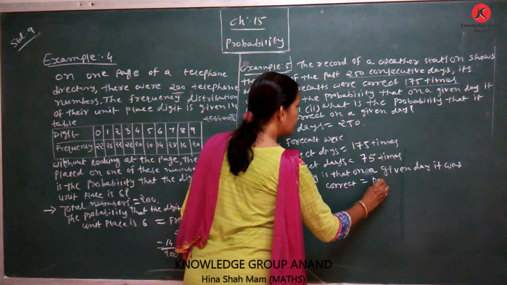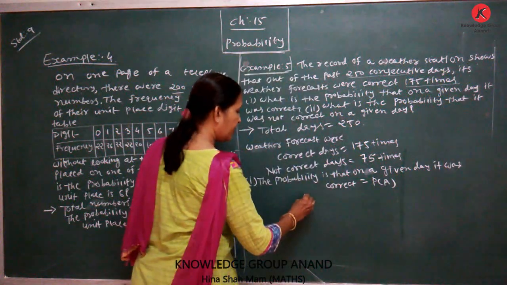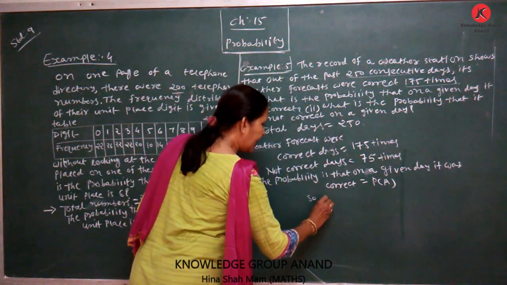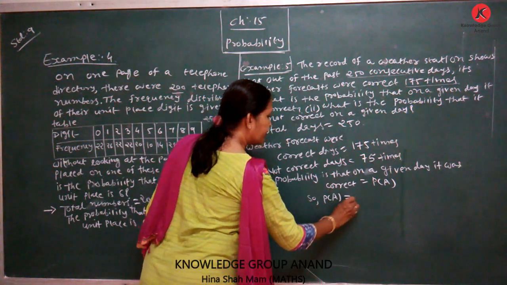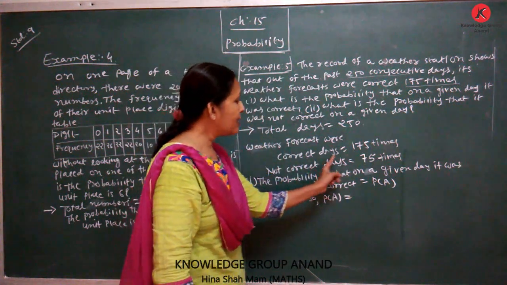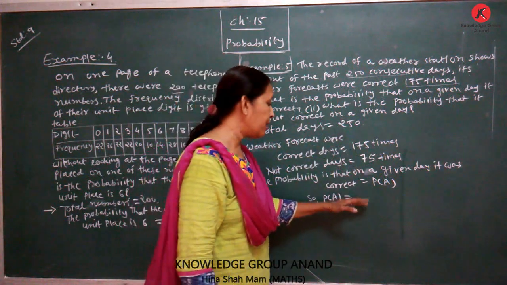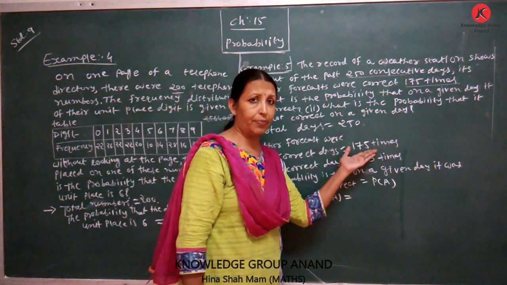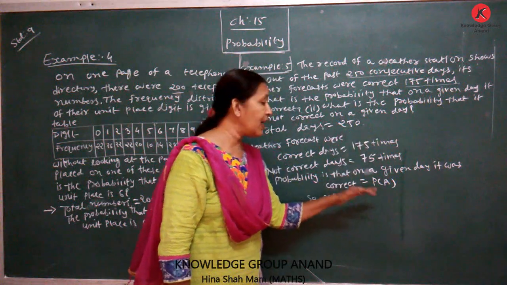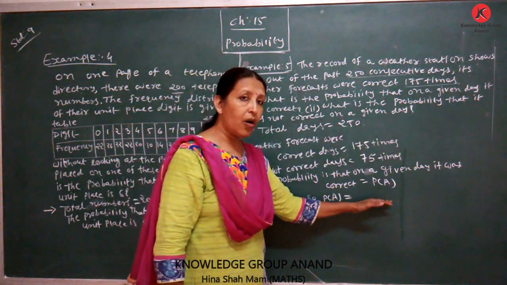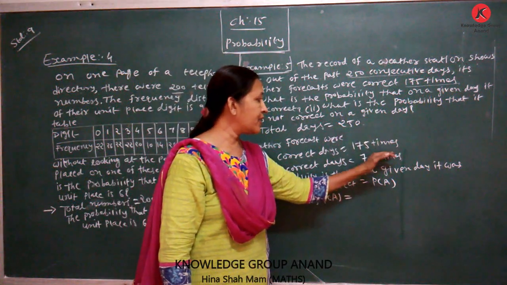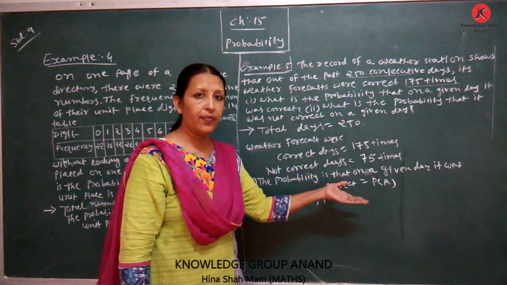Correct is equals to P. So PA is equals to correct days. We know the formula: number of correct days upon total number of days.